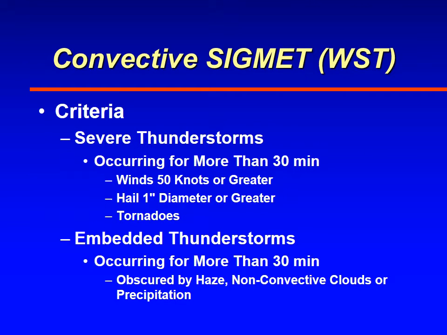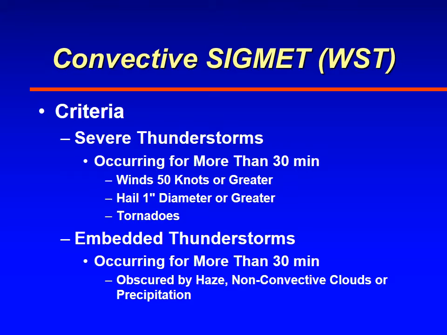So there are criteria for the convective SIGMET. They won't just issue a convective SIGMET for a small garden variety thunderstorm. It has to meet these criteria. It needs to be one of these things, either a severe thunderstorm, and a severe thunderstorm, as you know, has to have winds greater than 50 knots, hail bigger than 1 inch in diameter, or a tornado.